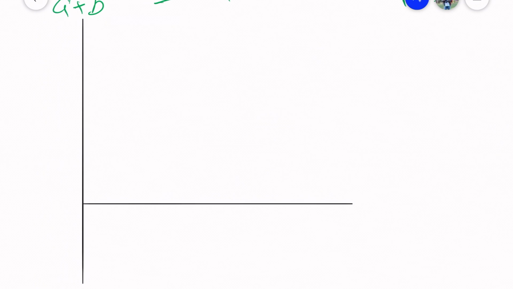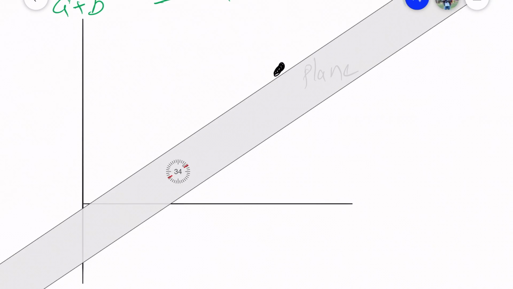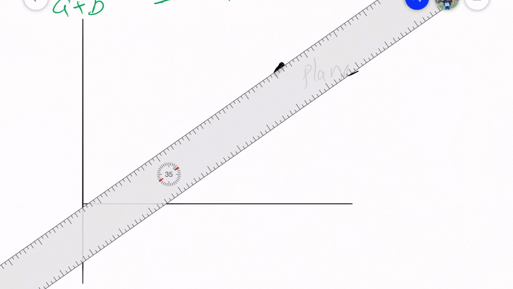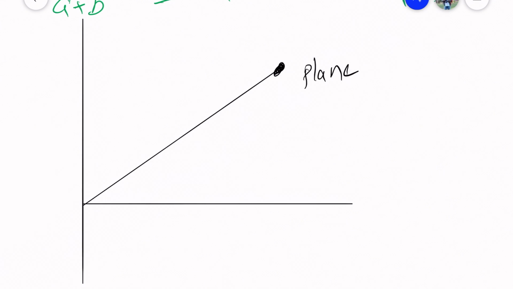Now the plane was sighted somewhere here, and this is our plane, and this distance is 215 kilometers.